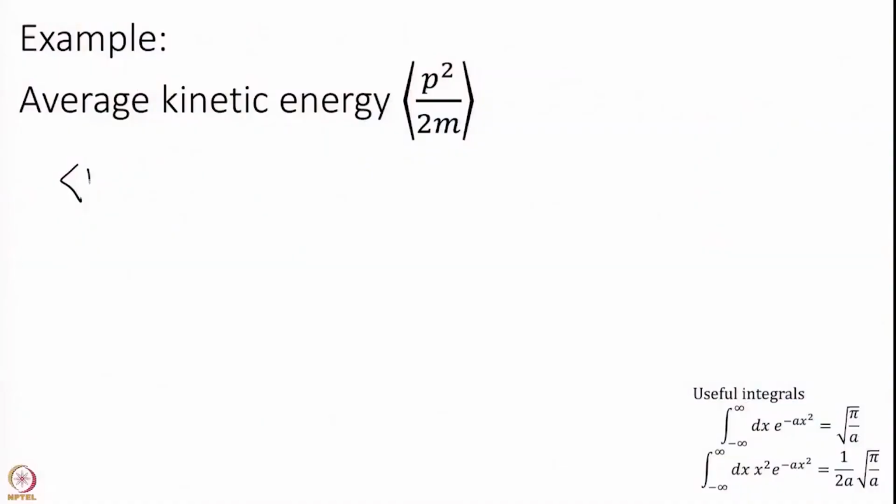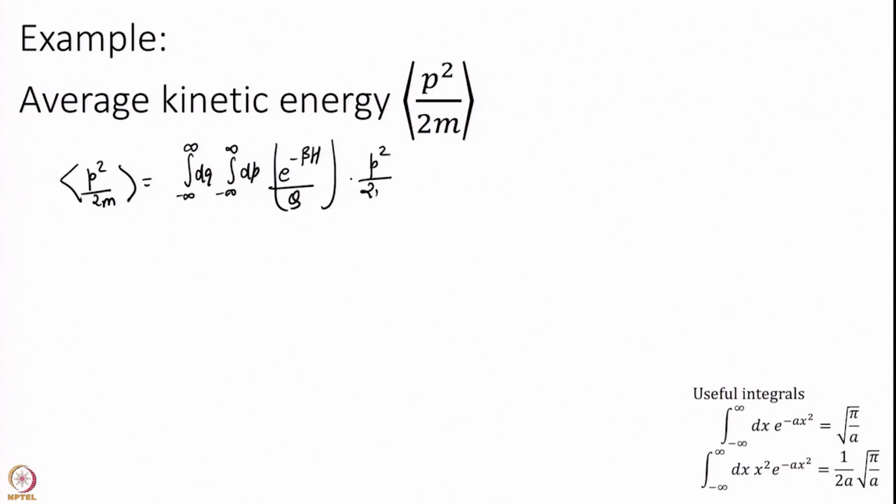So, we are going to calculate the average kinetic energy p square over 2m now, just like we had calculated the average p. So, now we will play the same tricks. It is the integral over dq, integral over dp over all space, that is your rho equilibrium times p square over 2m.